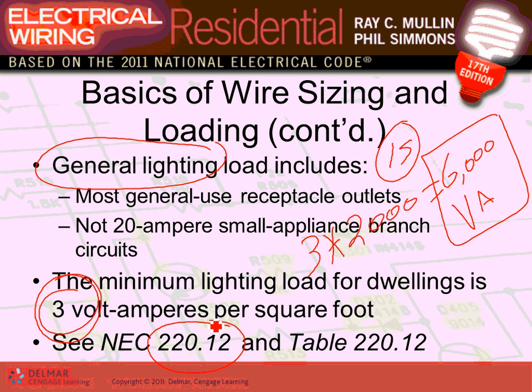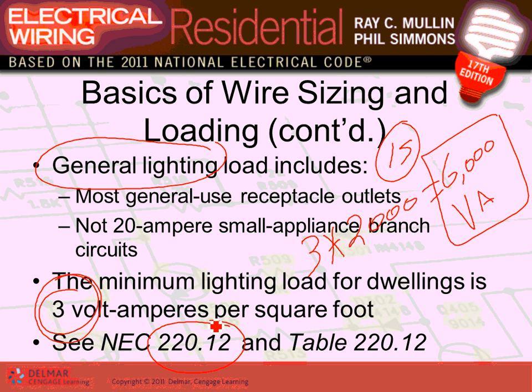So now what is this number here? 6,000 volt-amps. Take Derek's house, 2,000 square foot. All the lights in Derek's house and all the general purpose receptacles. Now what is a general purpose receptacle? We know what a light is, easy to know, every light in his house.